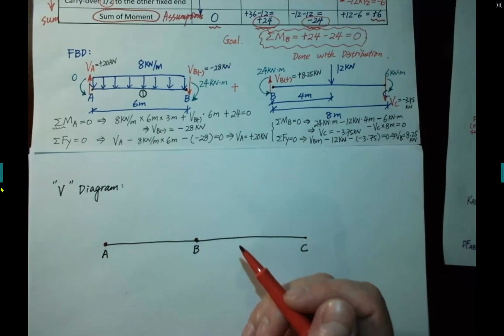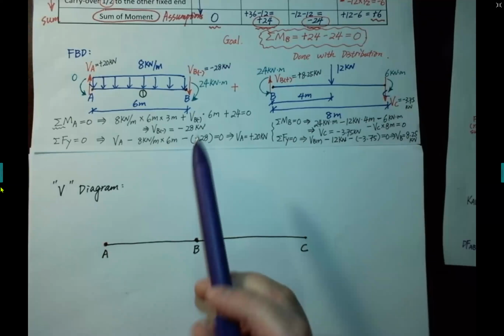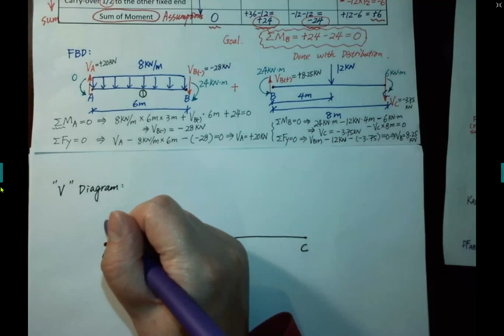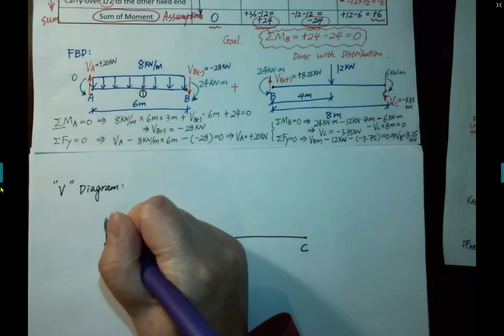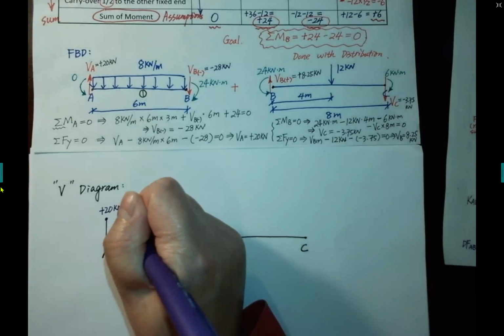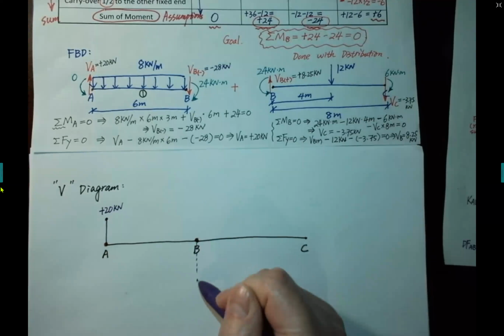So we identify the key points for the AB segment as just A and B. Okay, so we will draw the shear diagram for AB first. According to the free body diagram right here, A is positive 20. B, just left of support B, is negative 28.